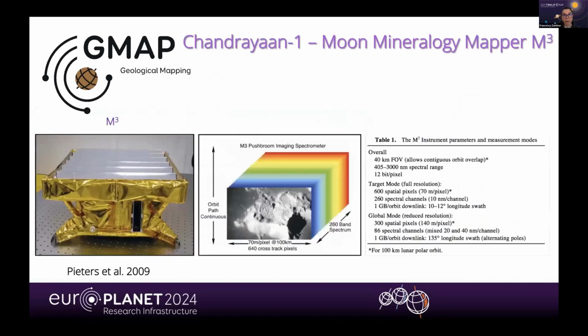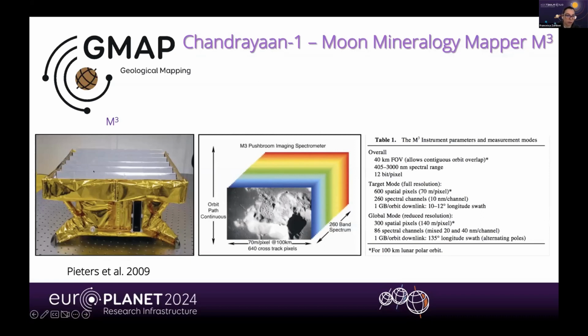At the end, just a few words regarding the Chandrayaan-1 mission and the Moon Mineralogy Mapper, which is a real hyperspectral spectrometer. In this case, this is an imaging spectrometer. Cristian showed you before better what kind of data we have.